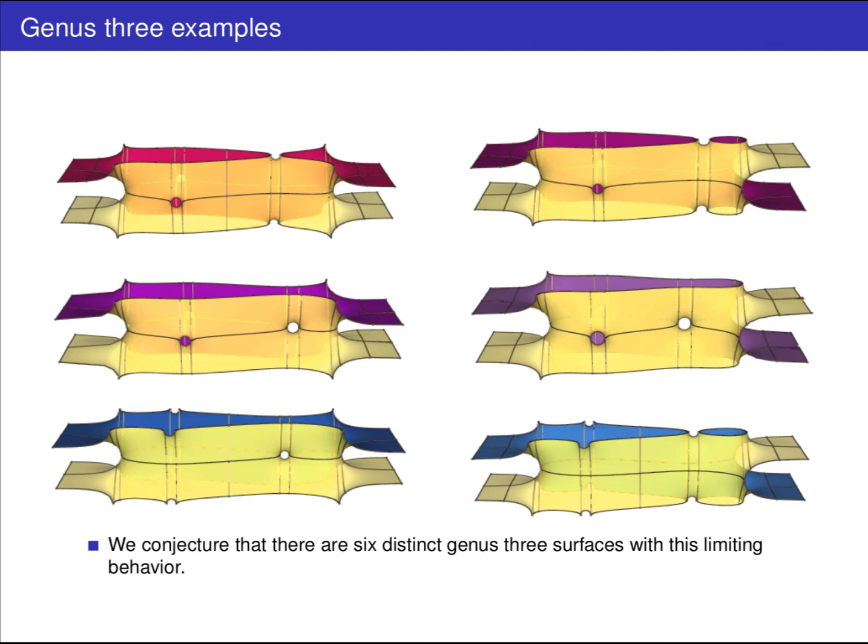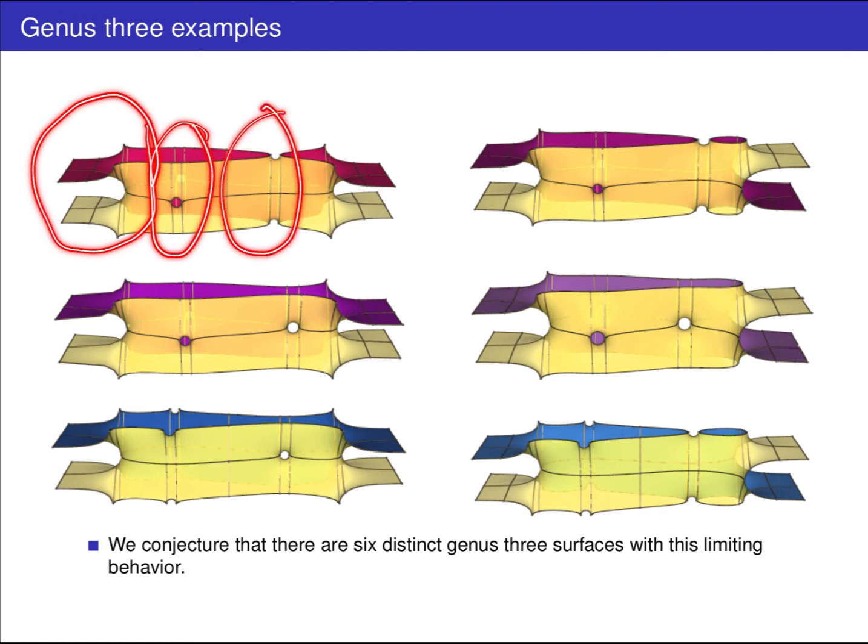Some genus 3 examples with parallel ends. We conjecture that there are 6 distinct genus 3 surfaces with this limiting behavior, where as we approach the limit, we've got a doubly periodic Scherk piece on that side, one singly periodic Scherk piece here, another singly periodic Scherk piece here, and then a doubly periodic Scherk piece on the end over here.